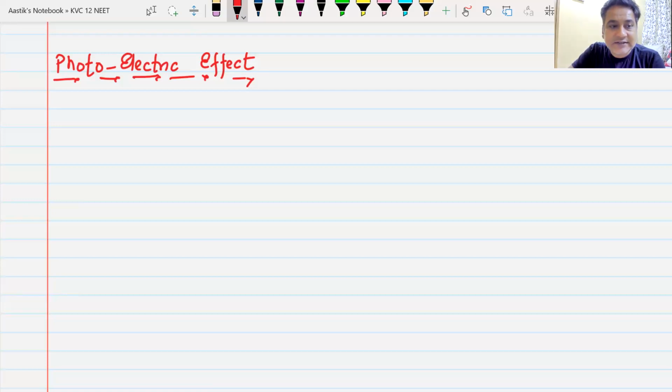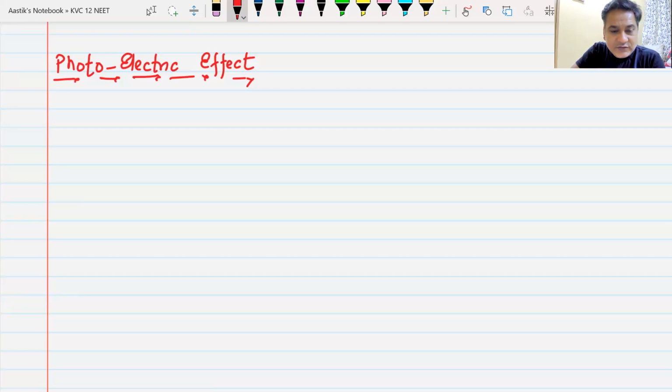Do we understand this? Is it clear to everyone? When light of sufficient energy falls on a metal surface, electrons can be emitted. This phenomenon is known as the photoelectric effect. The electrons which are emitted are known as photoelectrons, and the current which is established is known as photoelectric current.